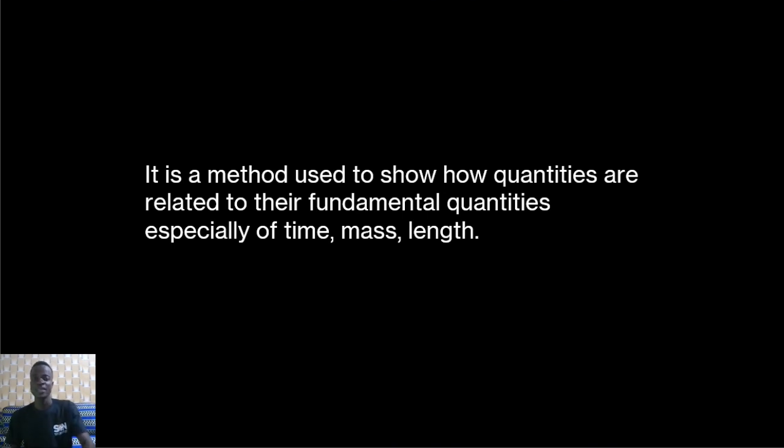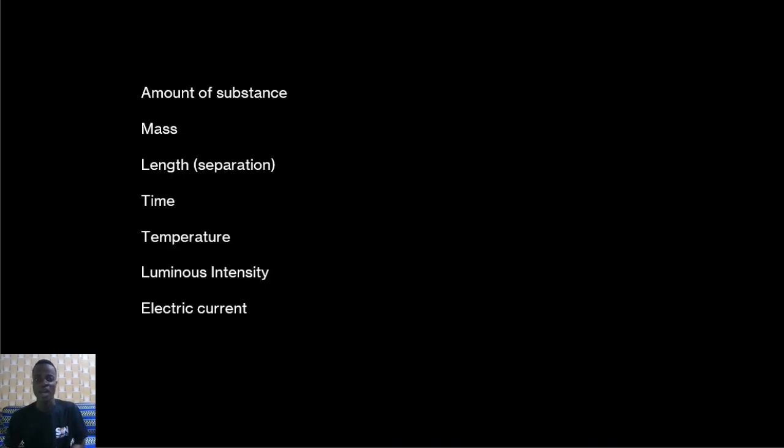Now here is a list of all the fundamental quantities that we have: amount of substance, mass, length or separation, time, temperature, luminous intensity, and electric current. When we are talking about dimensional analysis, there's a particular symbol that we use around the quantity, a square bracket.